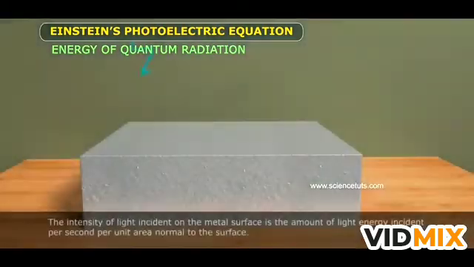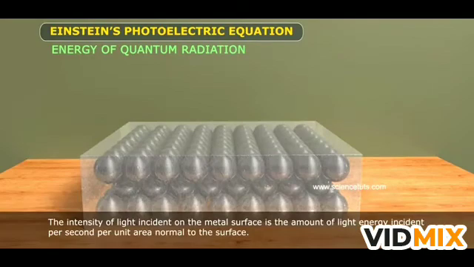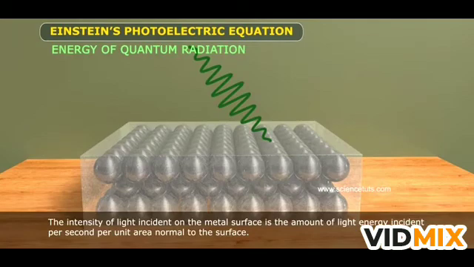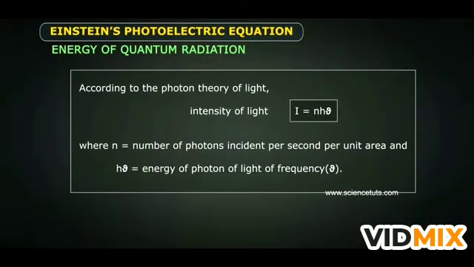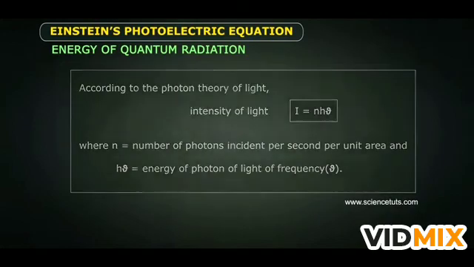The intensity of light incident on the metal surface is the amount of light energy incident per second per unit area normal to the surface. According to the photon theory of light, intensity of light I = n h nu, where n is the number of photons incident per second per unit area and h nu is the energy of a photon of light of frequency nu.